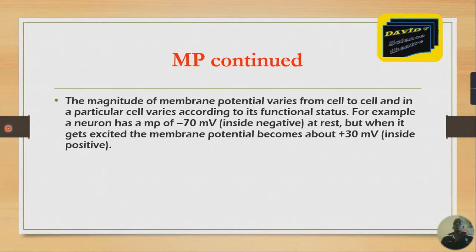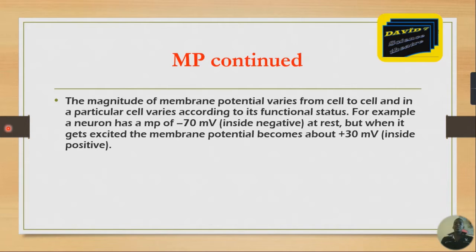The magnitude of membrane potential varies from cell to cell, and in a particular cell it can vary based on the functional status of that cell. For example, a neuron, or nerve cell, has a membrane potential of about negative 70 millivolts when the inside is negative, or at rest.